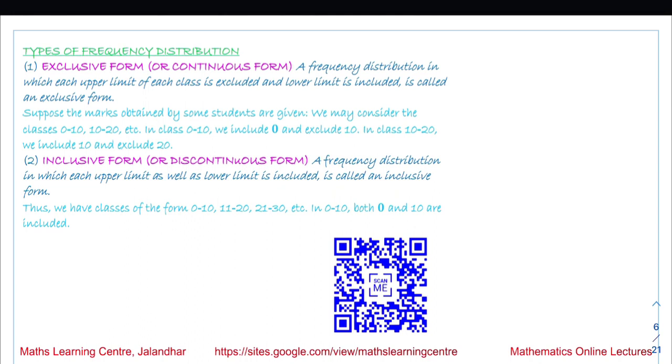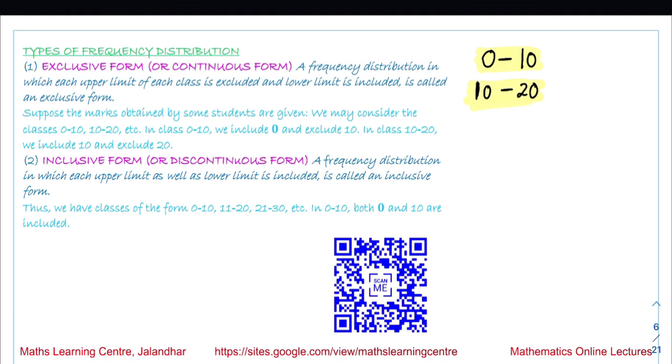The classes we are talking about: the students who have obtained marks between 0 to 10, and the students who have obtained marks between 10 and 20. 0 to 10 is one class, 10 to 20 is the second class.